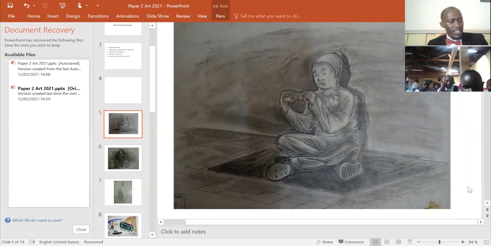Now we look at the other bit, the value and tone of the color and work. The effective use of media. Has the candidate used the media, that is the pencil, effectively? Yes. So out of 10, how much would you give? 8.